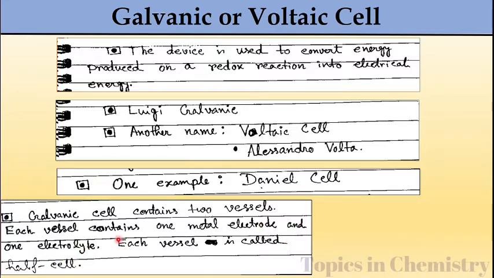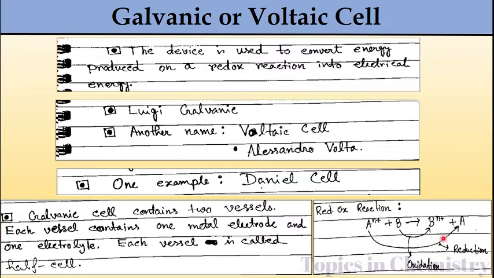As the cell is divided into two halves, each vessel is called a half cell. So two half cells make one cell: one is the left half cell, another is the right half cell.